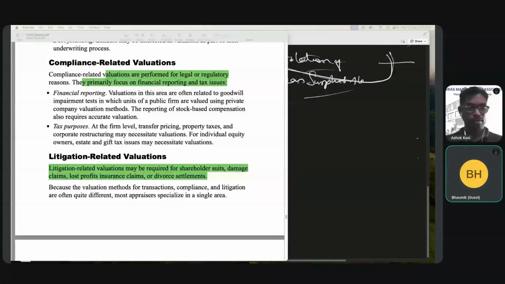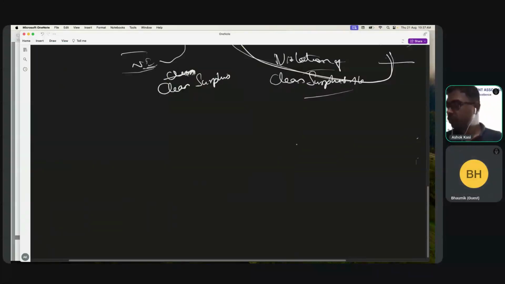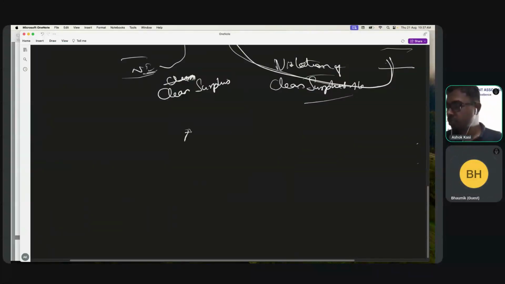Transfer pricing means, when you have a subsidiary and an acquirer, there can be a lot of manipulations.